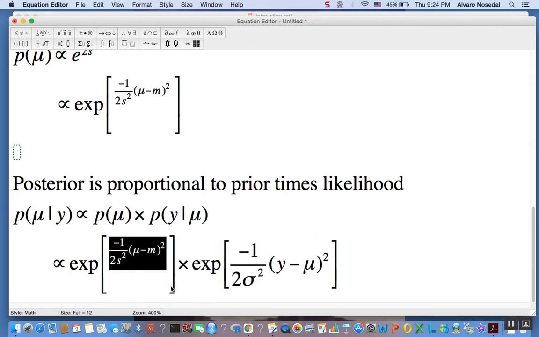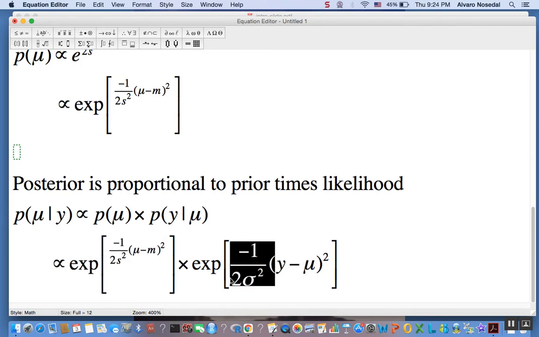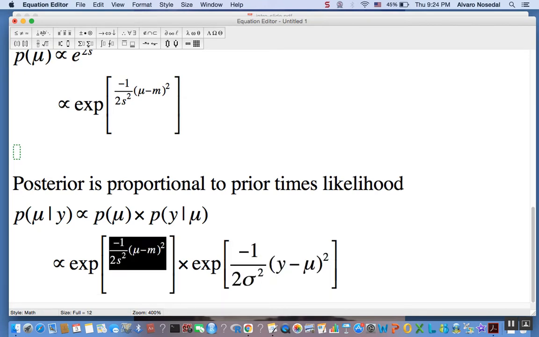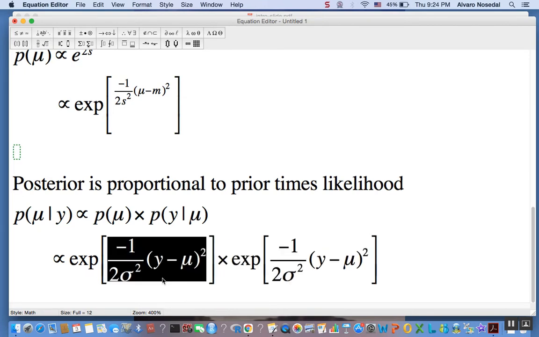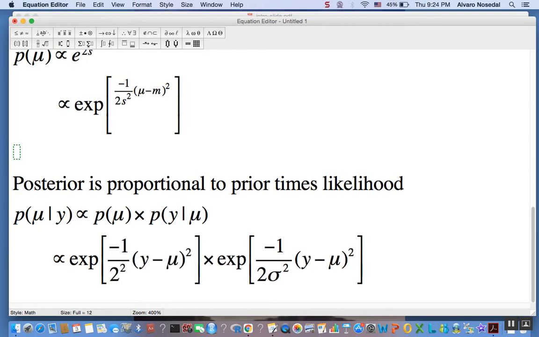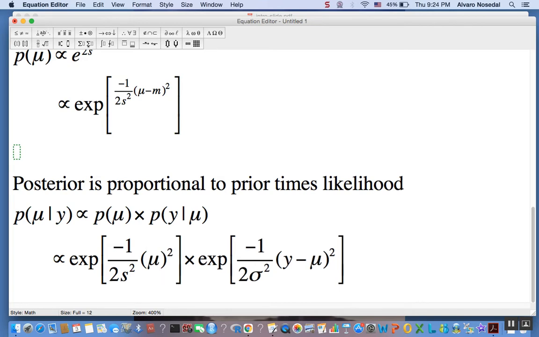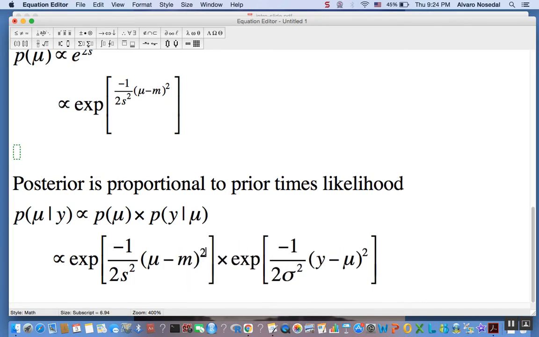For some reason, the size doesn't look the same. Let me just copy paste this one and modify that. I want it to look bigger. Okay, so now we have s squared here. We're going to have mu, and we're going to have m. Okay, that looks better. It's easier to see, right?